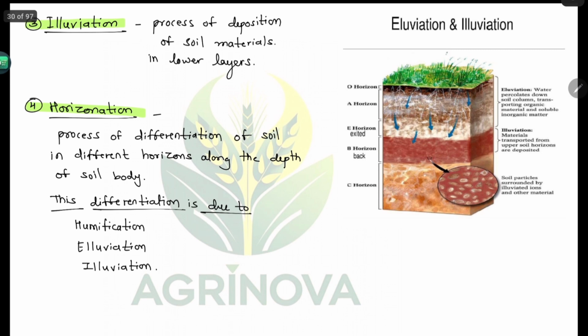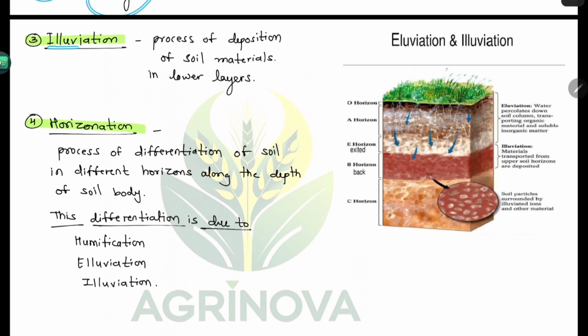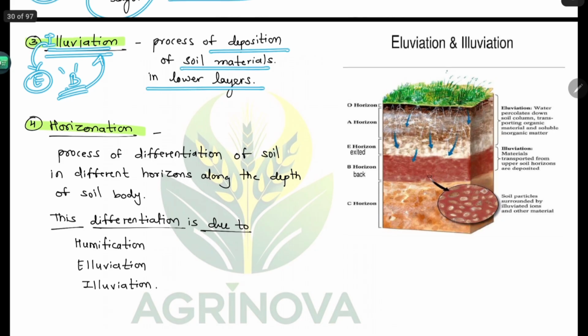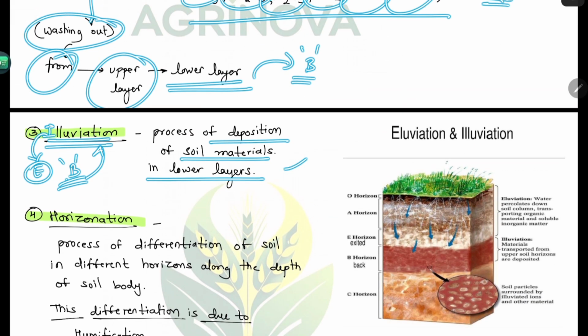So next, illuviation means the lower layer, because I comes below E, basically in the B horizon. So this process helps in deposition of the soil minerals in the lower layer. So which minerals? Here all these minerals get deposited in the B layer.